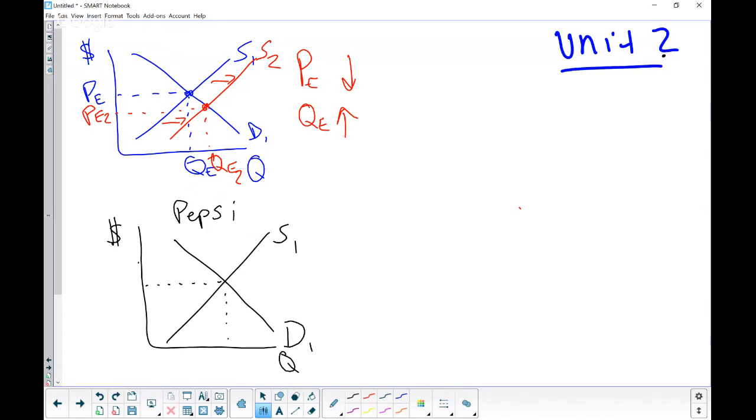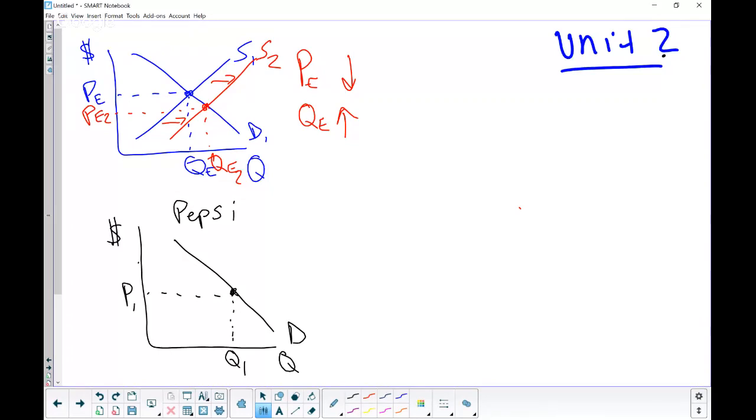Actually, let's take out the supply curve for the moment because it's going to get a little more complicated. So let's just do a demand curve. Looking at Pepsi's demand, it's at Q1 and the price is at P1. This is what's going on in our market at this point.